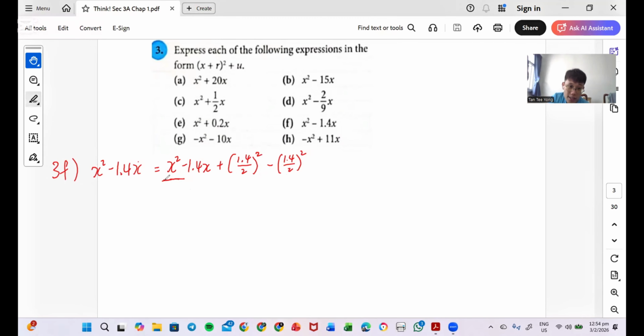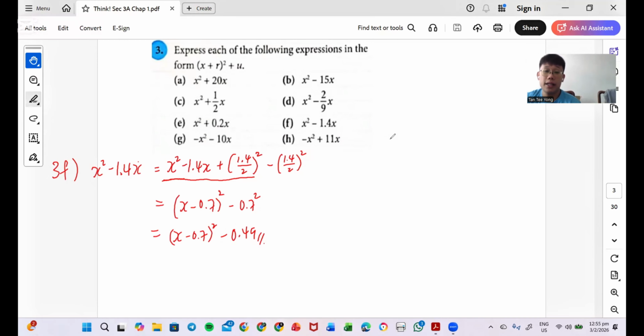So this is the completed square form. So we change this to completing the identity lah. So x minus 0.7 square, then this is just minus 0.7 square. So calculate this. So x minus 0.7 square minus 0.49. Okay, so yes, this is for 3F.